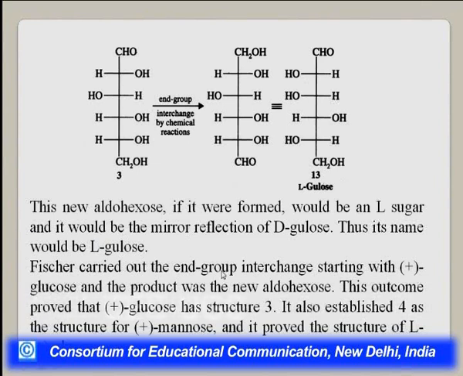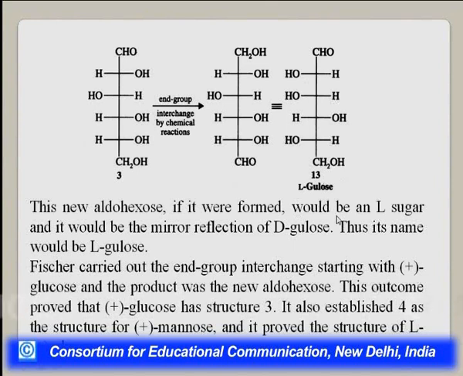Fischer carried out the end group interchange starting with plus glucose, and the product was the new aldohexose. This outcome proved that glucose has structure number 3 only, because it gives a different sugar. It also automatically established structure number 4 for mannose, and it also proves the structure of L-glucose.